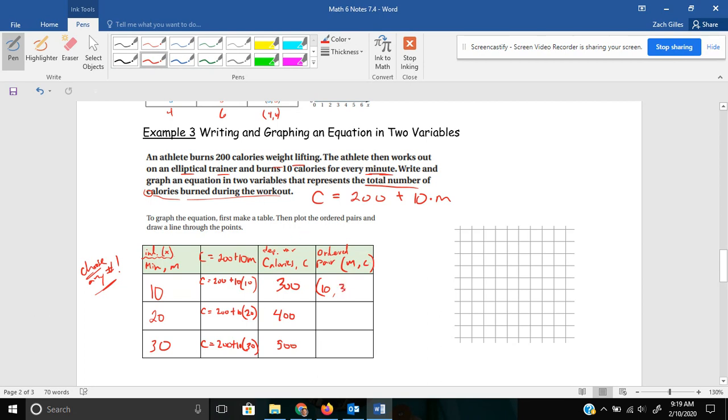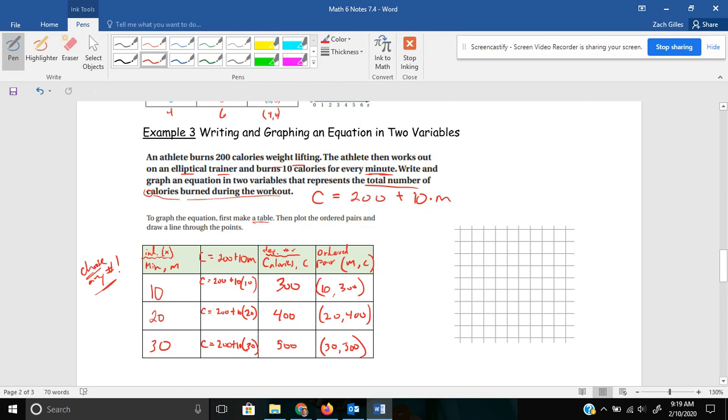Well, I burned 300 calories. So I'm just taking my independent and dependent variables and writing them as an ordered pair. 20, 400. And lastly, 30, 500. Okay. There is my table. Again, choosing kind of random independent variables and finding out the number of calories burned from there.